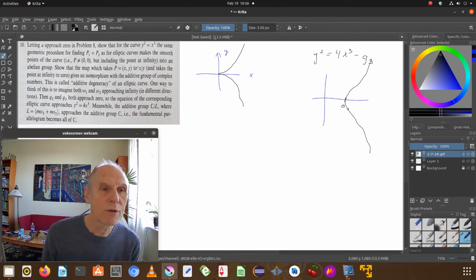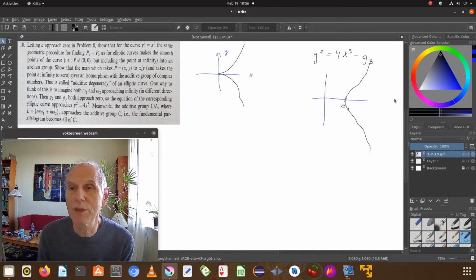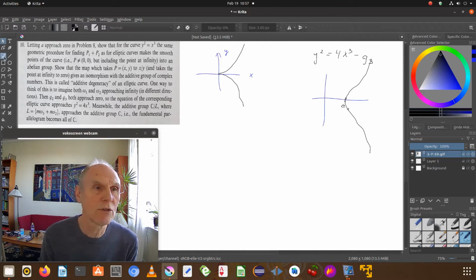And then to find the value of omega 2 and omega 1, we need to take omega 2 at least. We need to take the integral from e1 to infinity of 1 divided by the square root of the derivative. That seems very easy.